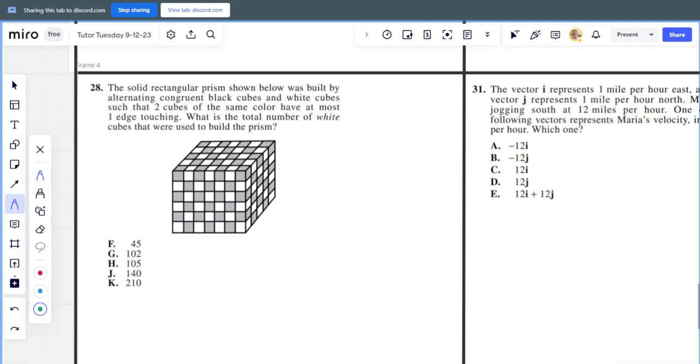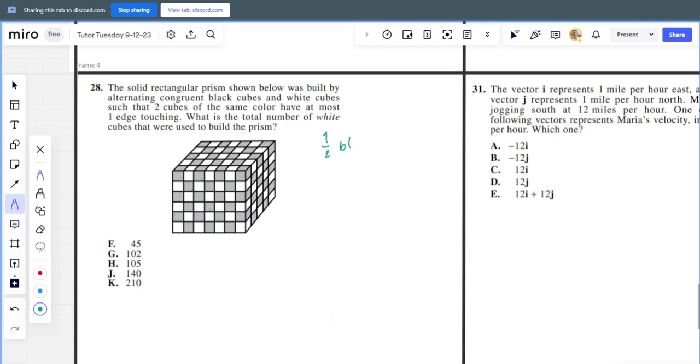You guys figured it out yet? Well, I noticed since they're alternating, we're going to have one white cube and one black cube, and they're going to keep alternating. If we look at this face, about half of them are black and half of them are white.